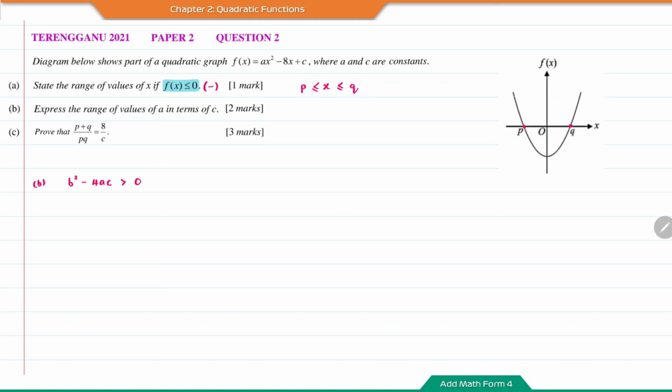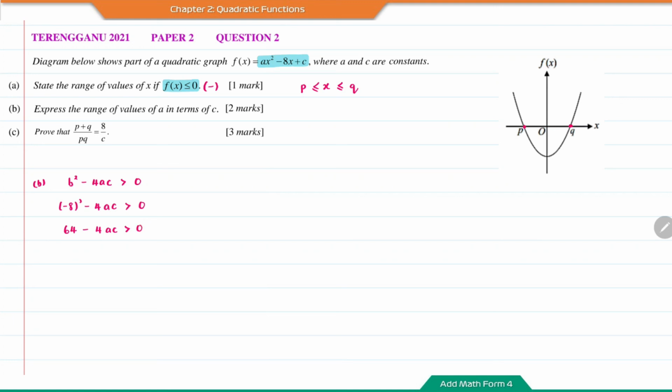From this quadratic function, we know that a is equal to a, b is equal to negative 8, and c is equal to c. So b here is negative 8 squared minus 4, a will remain as a and c will remain as c. So here I'm going to have 64 minus 4ac greater than 0.